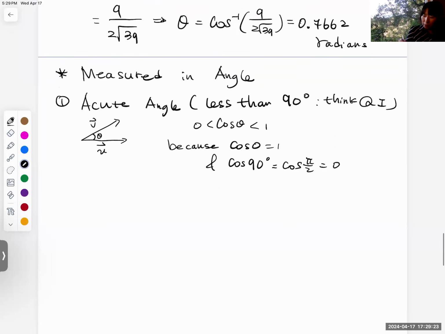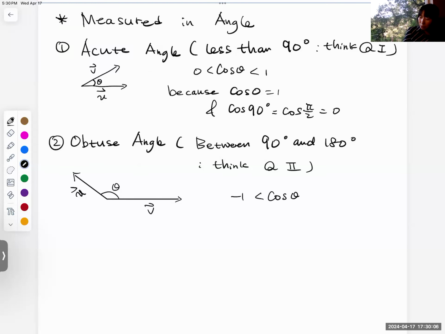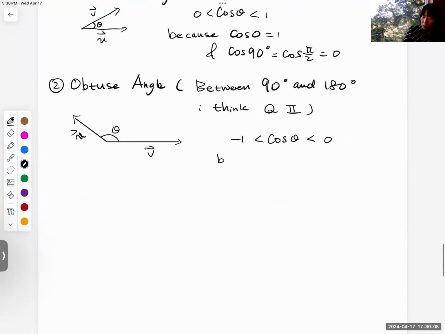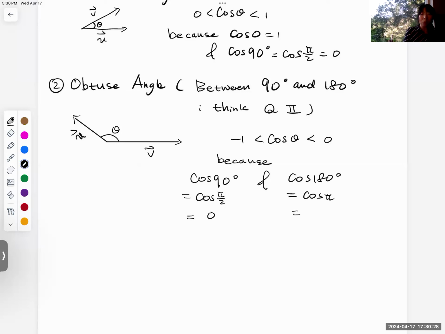So this means cosine is between -1 and 0 because cosine 90 degrees, what do you get? We did earlier. And cosine 180 degrees, which is pi, cosine pi, is -1. Excellent. Thank you very much.